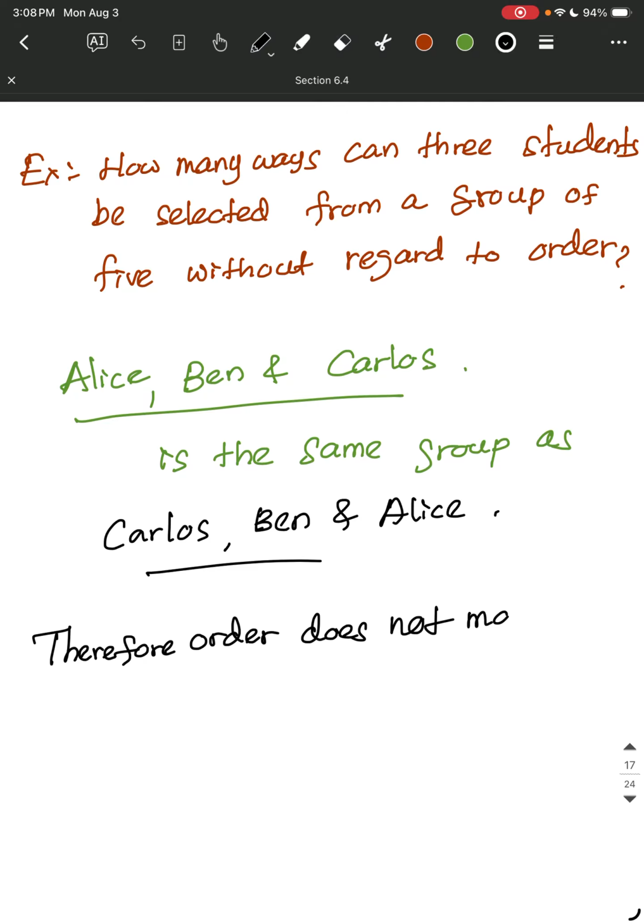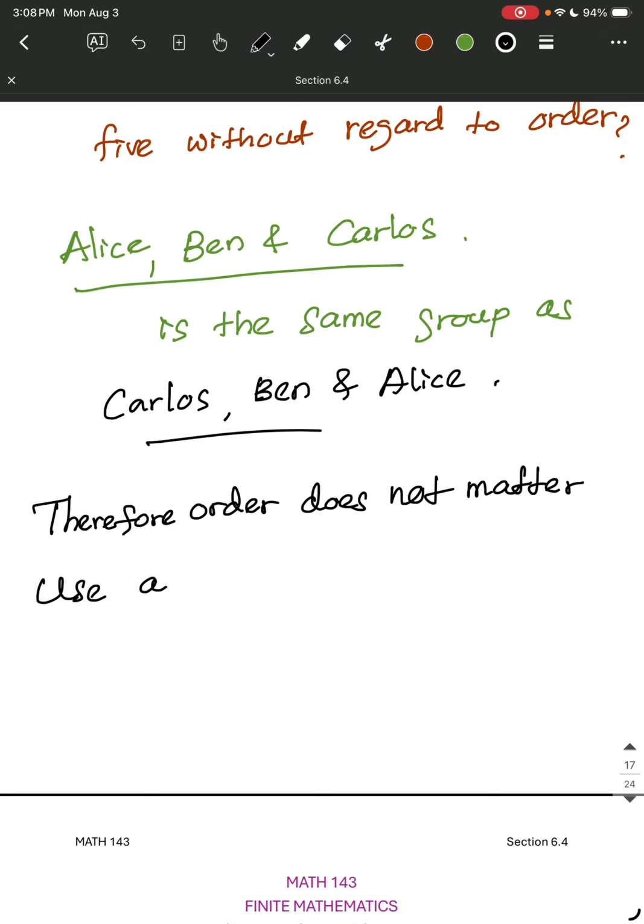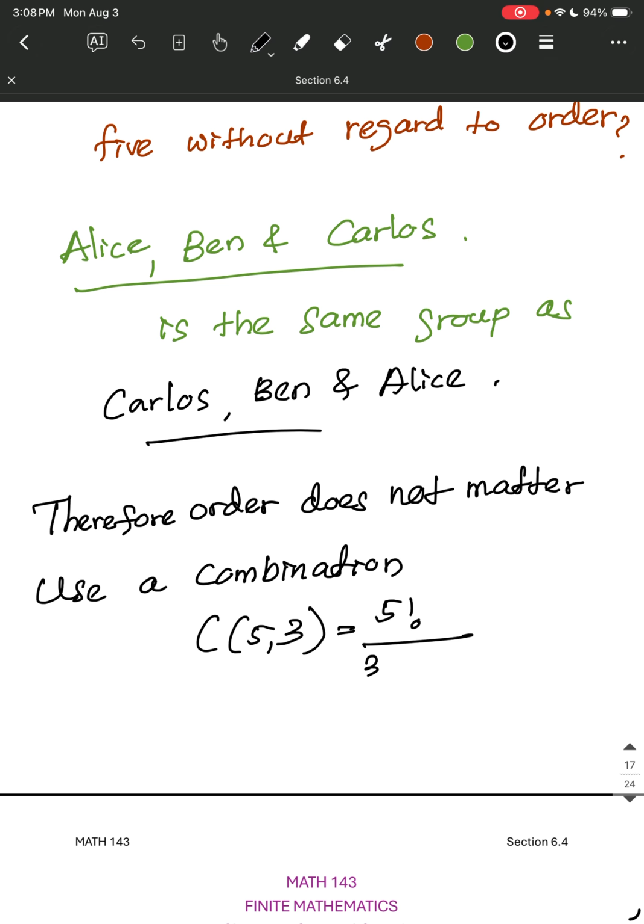Use a combination. Choose 3 out of 5. 5 factorial over 3 factorial times 5 minus 3 factorial, which is 5 factorial over 3 factorial times 2 factorial.